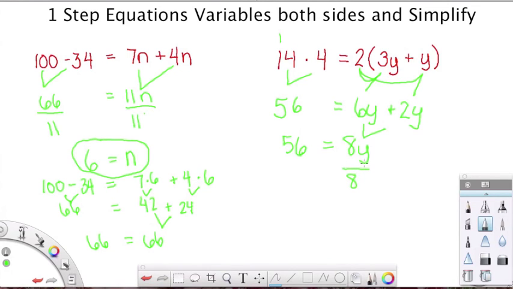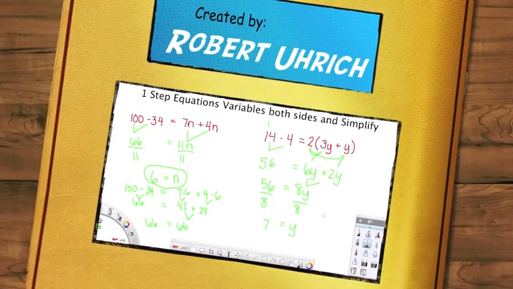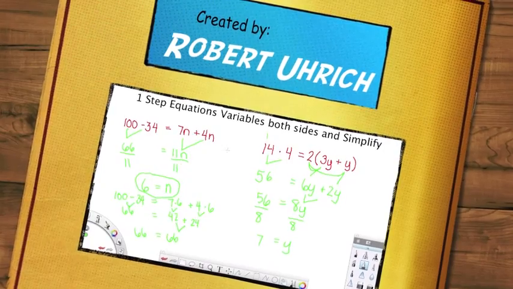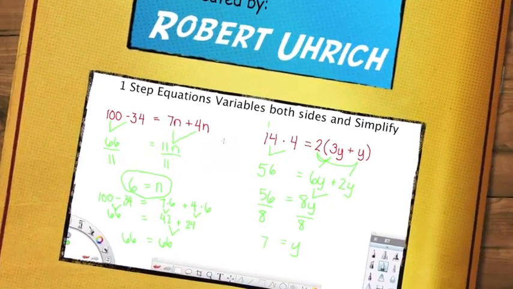And what we do to one side of the equation, to keep everything balanced, we must also do to the other side. So if we divide 8y by 8, we end up getting y. And if we divide 56 by 8, we're going to get 7. And there we have it. Y is equal to 7.